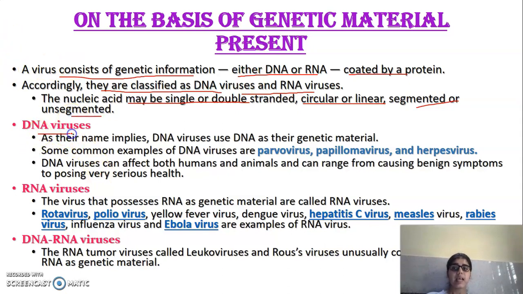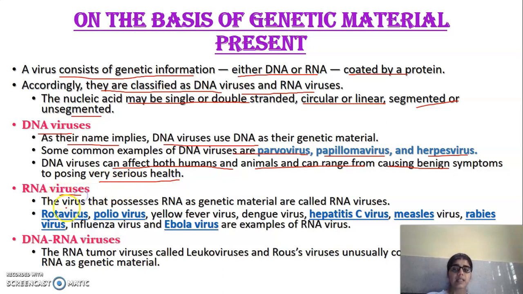DNA viruses, as their name implies, use DNA as their genetic material. Some common examples of DNA viruses are papovavirus, papillomavirus, and herpesvirus. DNA viruses can affect both humans and animals and can range from causing benign symptoms to posing very serious health risks.